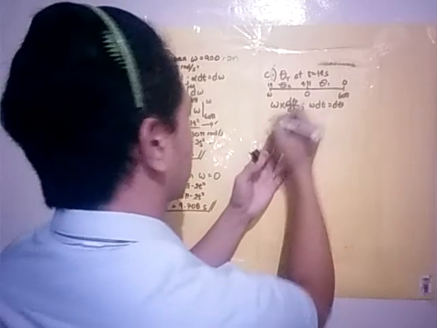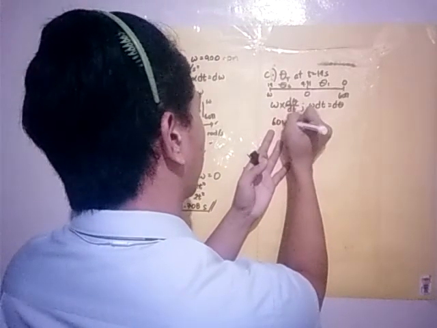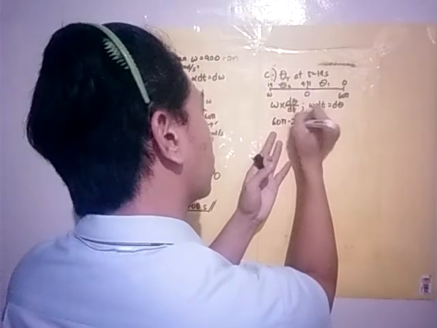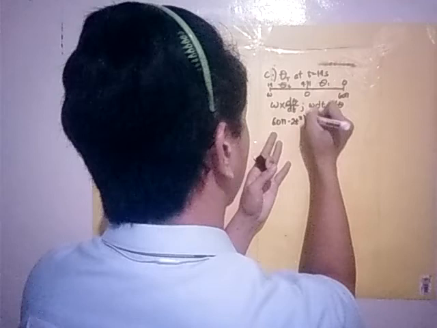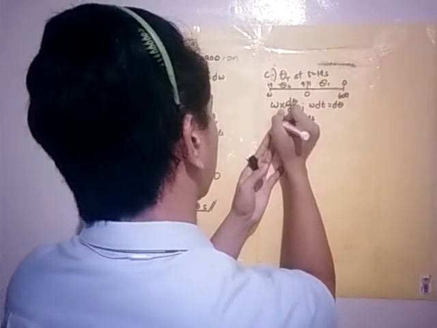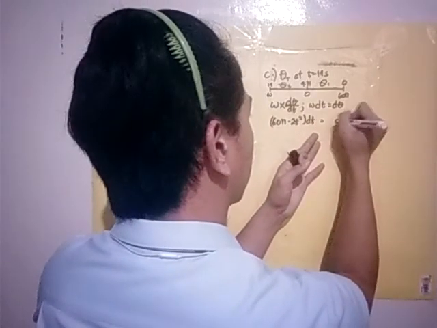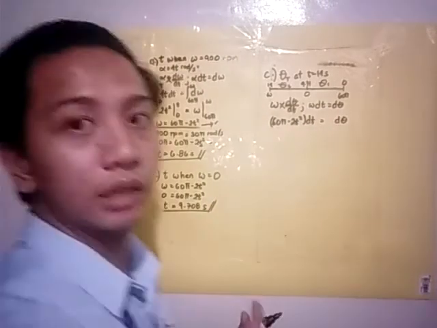So 65 minus 2t squared dt is equal to d theta.